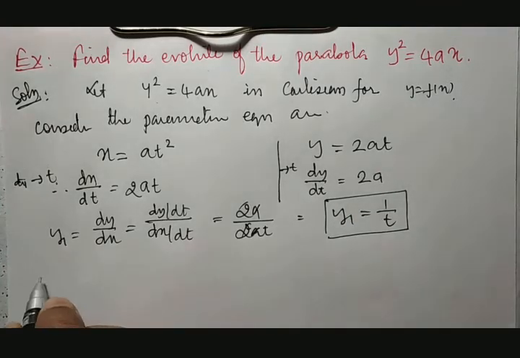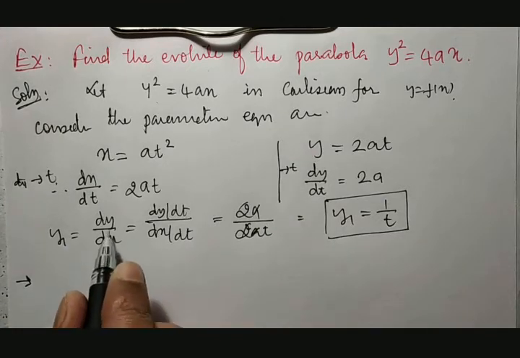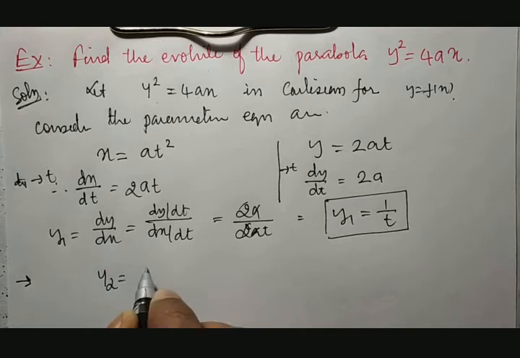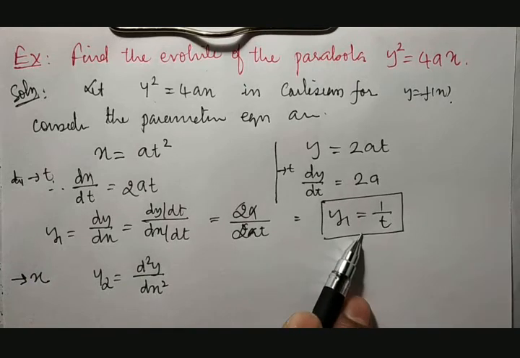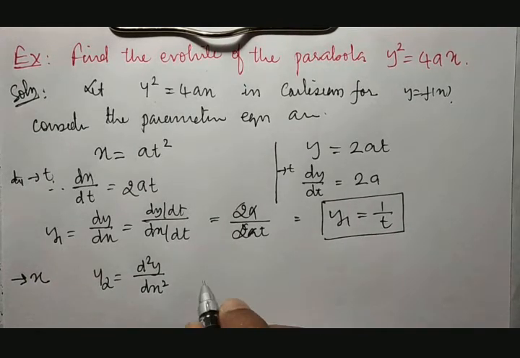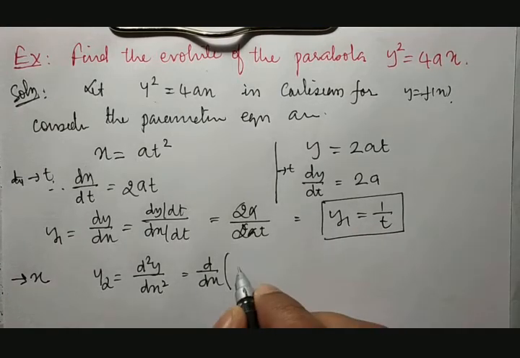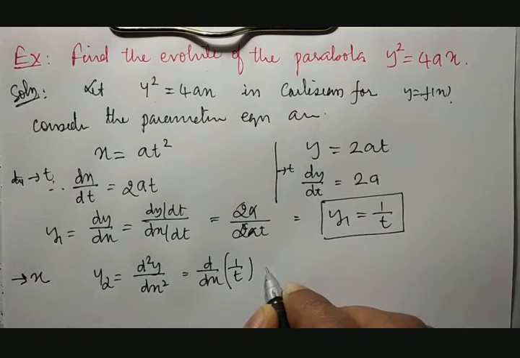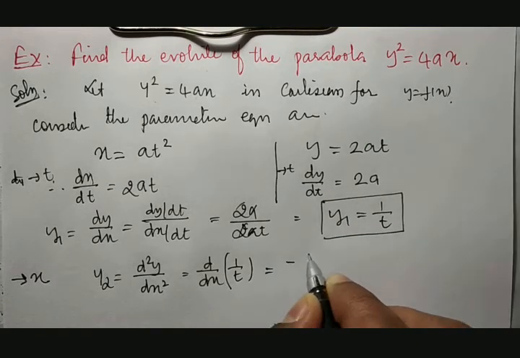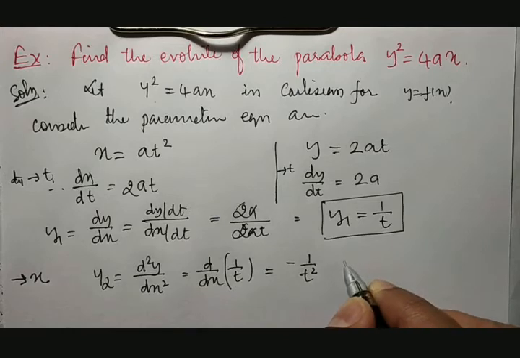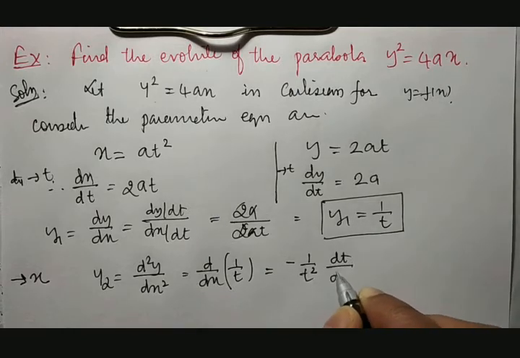Then differentiate y1 with respect to x to get y2. What is y2? y2 is nothing but d square y by dx square. It has to be differentiated with respect to x now, not with respect to t, because already this has been converted into y1. So this is nothing but d by dx of this function y1, that is 1 by t, which is nothing but minus 1 by t square, and differentiation of t will be dt by dx.